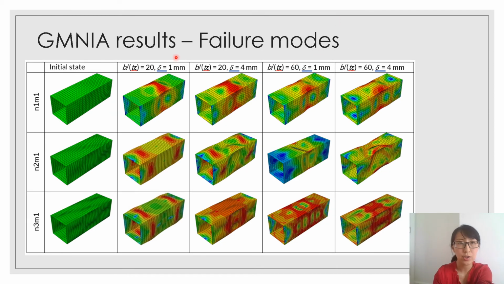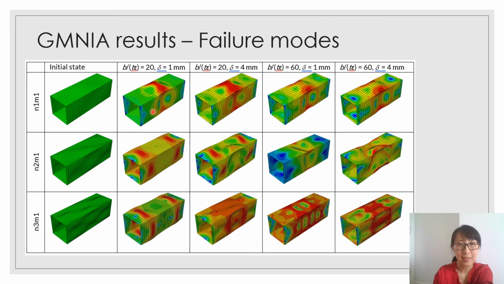And this slide shows the failure modes from the GMNIA result for 1 longitudinal half wave and 1, 2, 3 transverse waves in a square space, at 2 slenderness values, which are 20 and 60, at a small imperfection of 1 millimeter and a large imperfection of 4 millimeters.